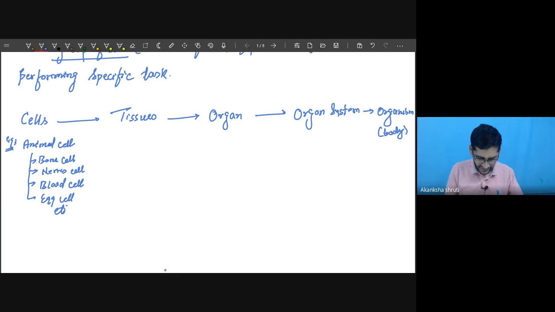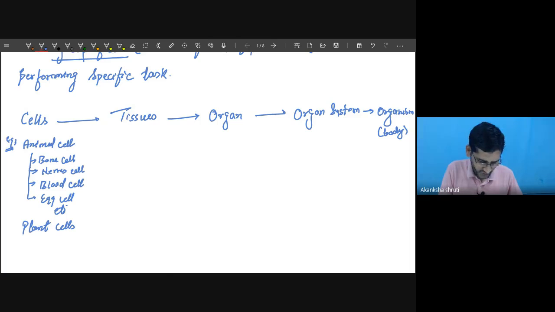Similarly, we can have plant cells also. Various types of plant cells are there, like xylem, phloem. They are forming the tissues, but they also have different kinds of cells. The details of the plant cell and animal cell, their differences, we have already learned in our previous chapter.